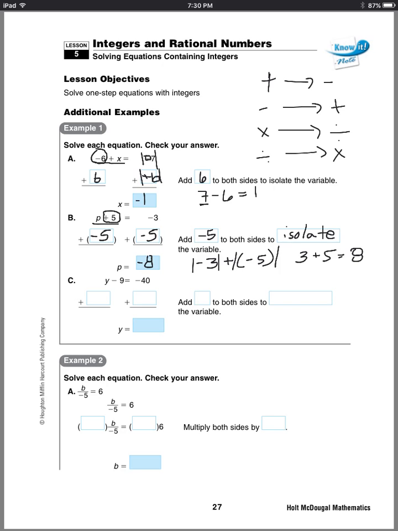On this last one, we have y minus 9. -9, minus and negative mean the same thing, is our constant. The opposite of -9 is +9. So we're going to add 9 to both sides to isolate the variable. And when we do that, 9 here, 9 here, we get y equals, well, we have to find the absolute value of both.